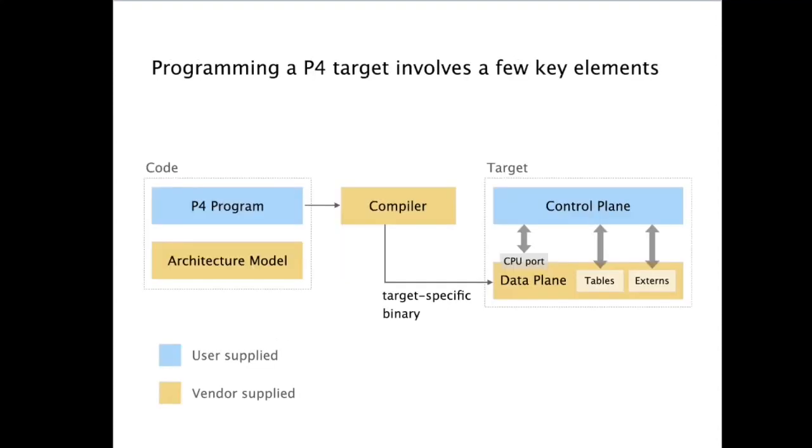As a developer, what you need when you program is the architecture model, a compiler, and of course the target itself. These things in yellow on the slide are vendor supplied. And then what you provide as a programmer is a P4 program, and the control plane logic as well, which will interact with the target using an interface which is also generated by the vendor.